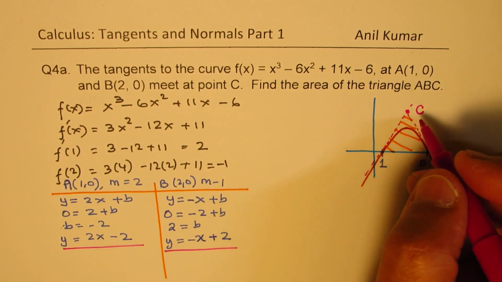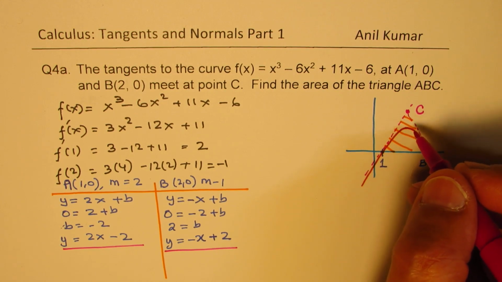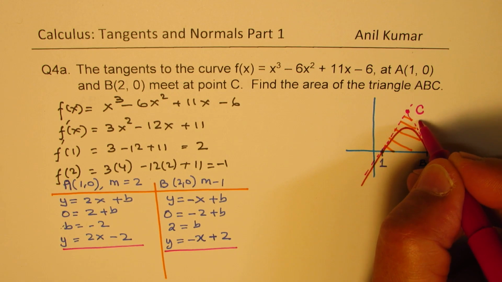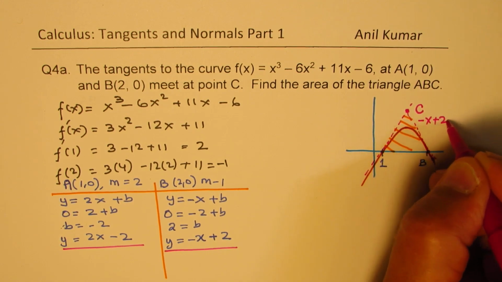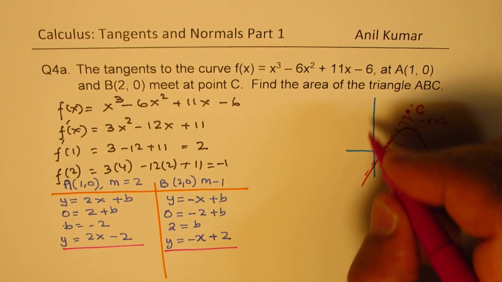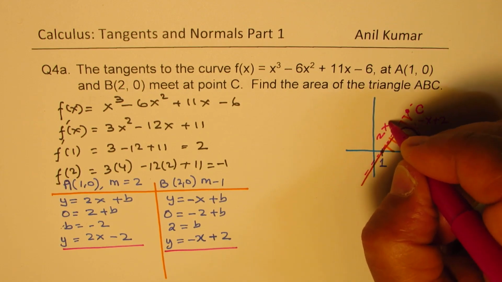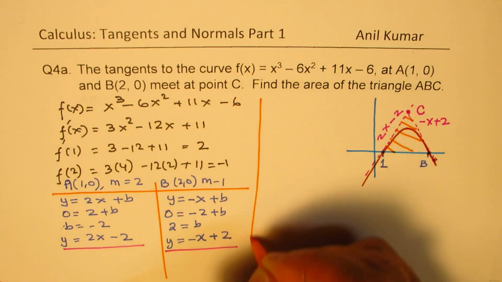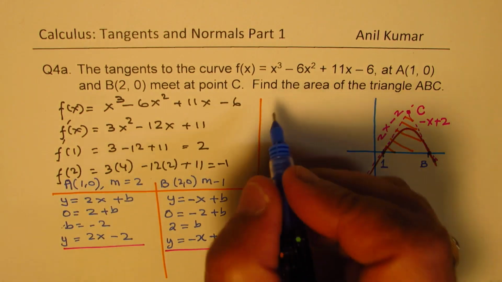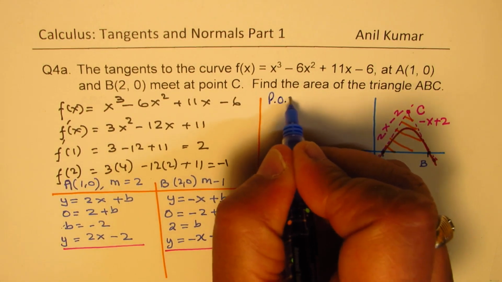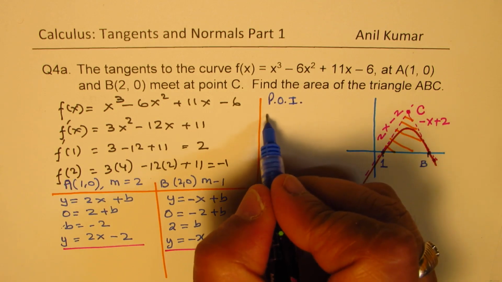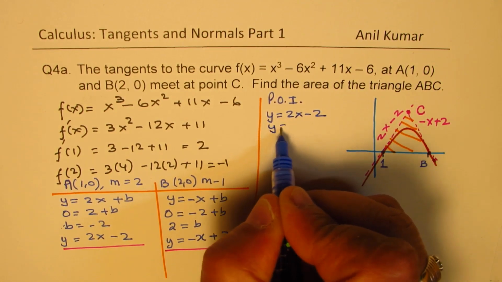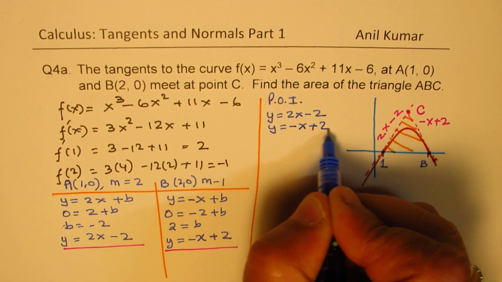So the equation of one line here is minus x plus 2, and the equation of the other line is 2x minus 2. Now let's find the point of intersection between these two lines. The two lines are y equals 2x minus 2 and y equals minus x plus 2.